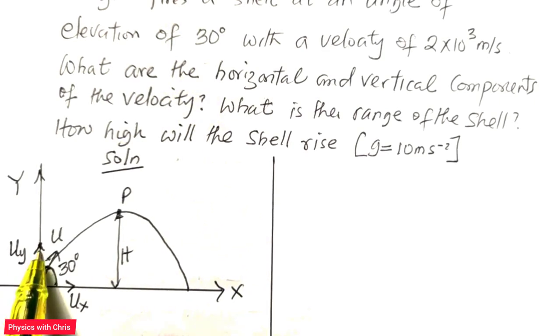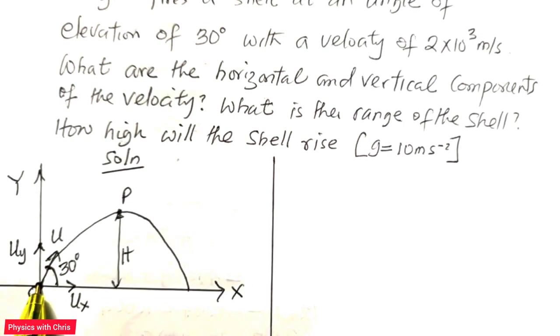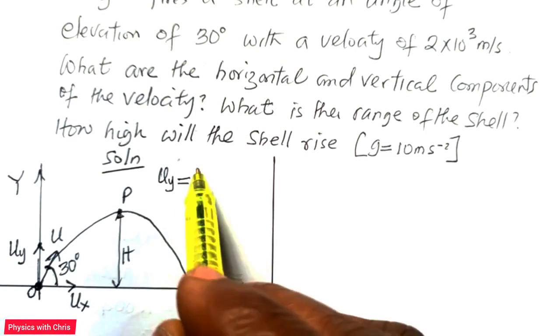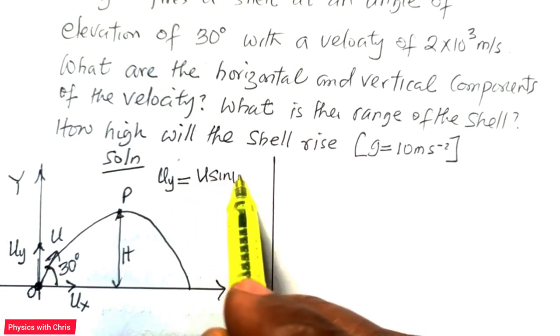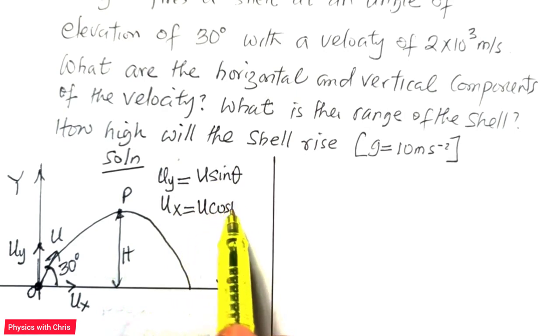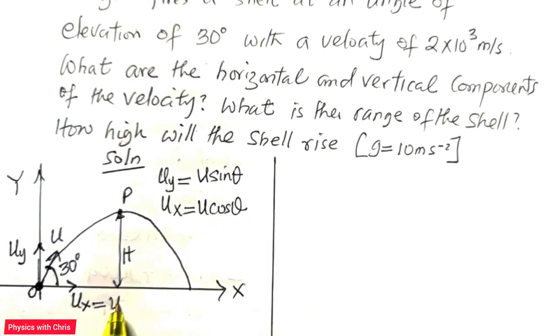I said uy is the vertical component of the initial velocity, given as u sin theta, and ux is u cos theta, acting along the x axis.